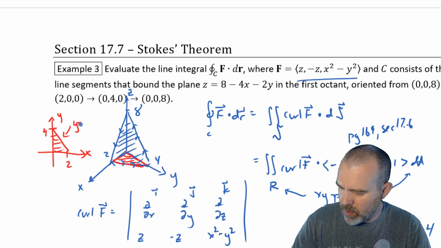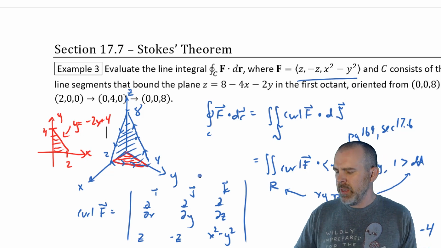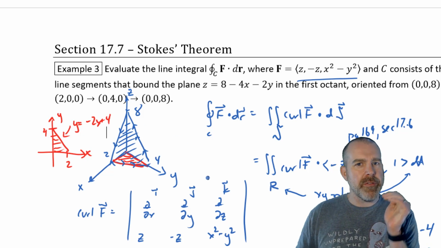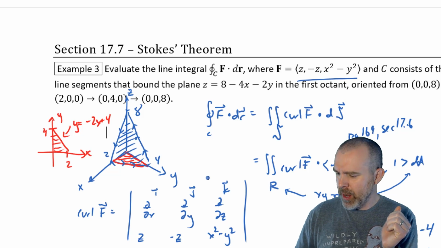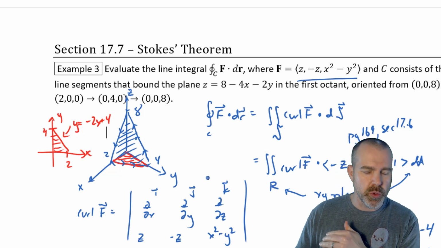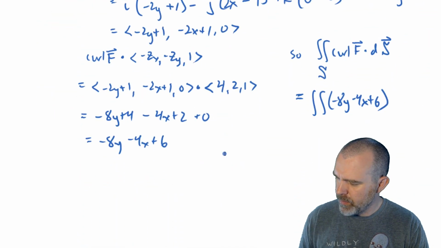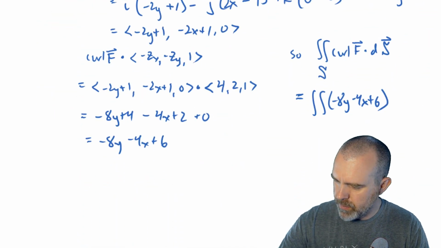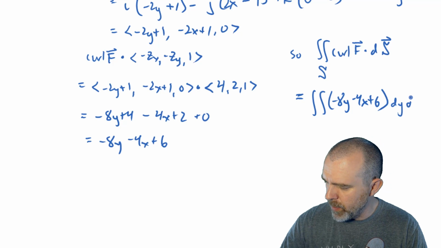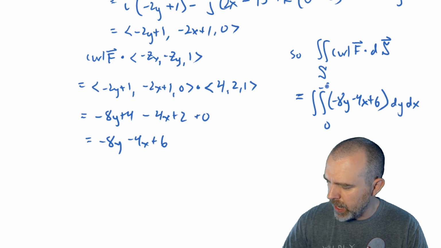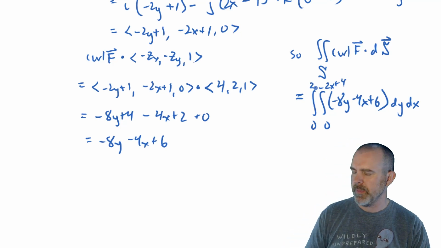So that'll be y equals negative 2x plus 4. So we could integrate y from 0 to negative 2x plus 4, and then x from 0 to 2. We'll go dy dx, y goes from 0 to negative 2x plus 4, x goes from 0 to 2.